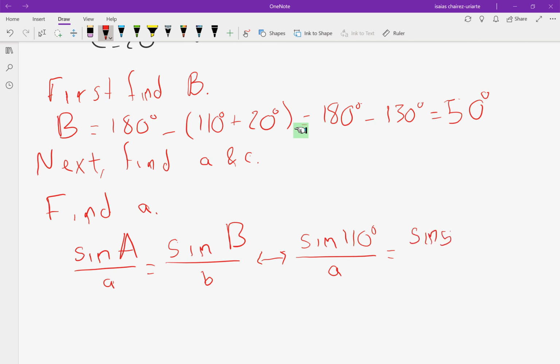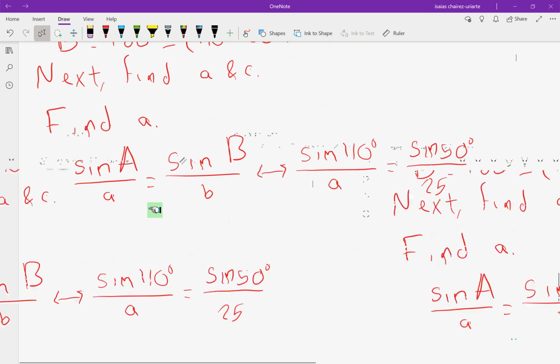Sine of 50 over 25 centimeters. And right now the units, don't worry about units. Just remember since we're trying to find side length A, at the very end, that should be in centimeters. But right now, units are kind of irrelevant. Just make sure you have your calculator in degree mode.